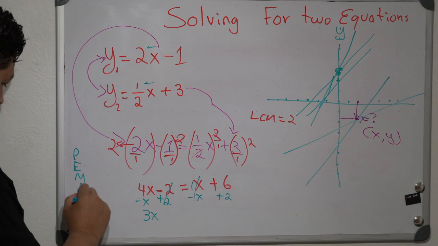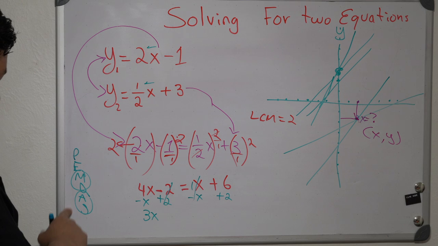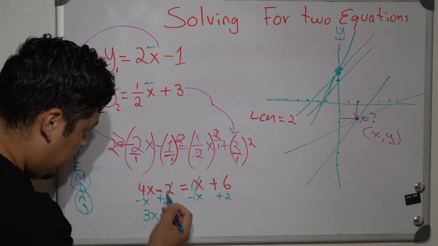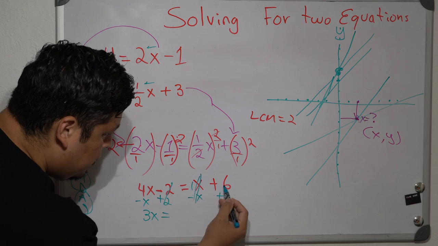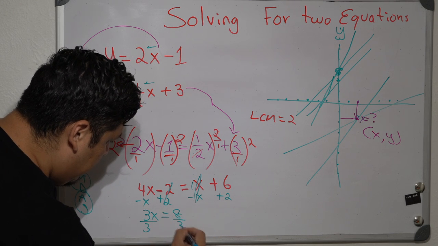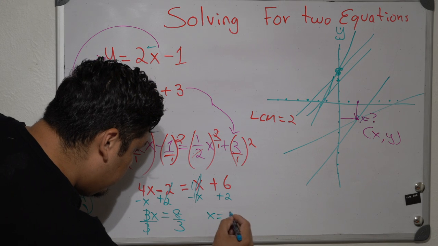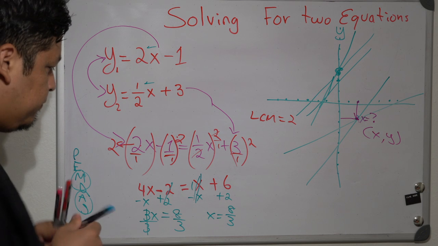These cancel each other out: multiplication, division, then add and subtract. So I added 2 here, and it cancels out here. This one is gone. So 6 plus 2 is equal to 8. Divide by 3, divide by 3. So x is equal to 8 over 3. That's our final x value.